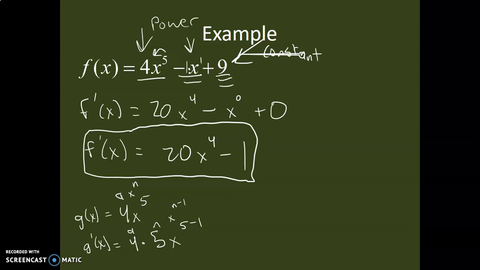And then same idea here. So if we say that h of x was equal to x, h prime of x, the derivative of x is 1. And again, you can think of that as being 1x to the first power, and then drop it down to x to the 0 power. Or you can think about it as y equals x is the line that goes through here.